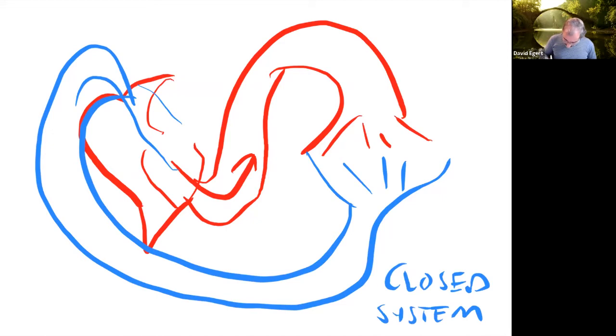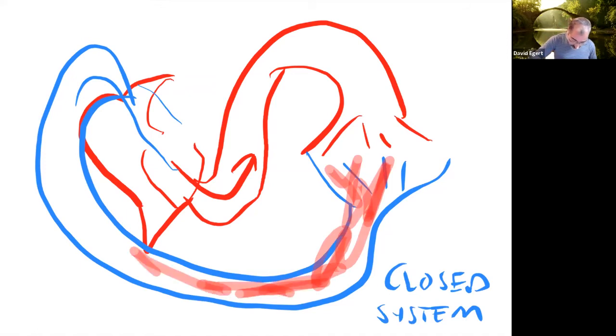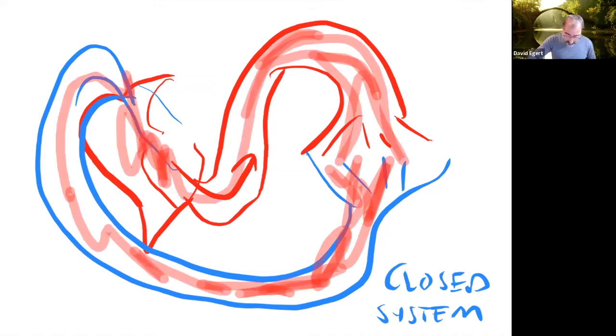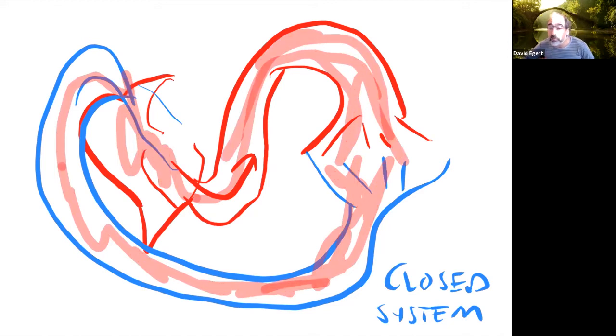The blood is sitting in this closed system of vessels and the heart. So there's a certain volume that fits in that closed system. And it turns out that your blood volume is, in fact, the main long-term control of your overall blood pressure.